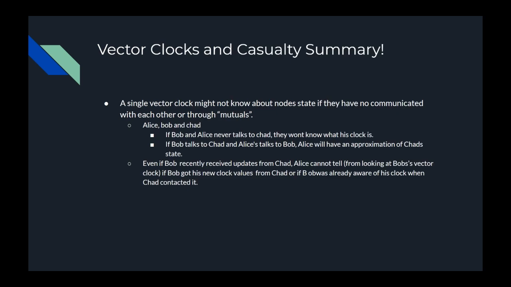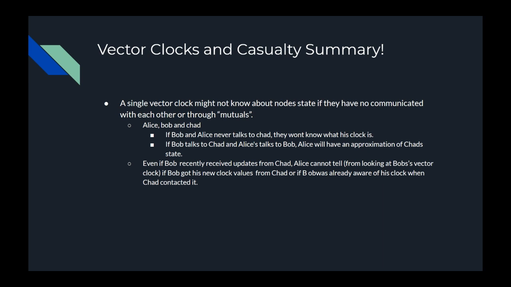So, a summary of what I just went over, because trust me, I know it's a lot and it's difficult to understand, but the more you look at it, the more it'll make sense. A single vector clock might not know about node states if they have no communication with each other or through mutuals, right? So let's say we have Alice, Bob, and Chad. If Bob and Alice never talk to Chad, they won't know what his clock is, right? Fairly obvious. However, if Bob talks to Chad and Alice talks to Bob, Alice will have an approximation of Chad's state, because Chad's state could have changed in between Bob and Chad talking.